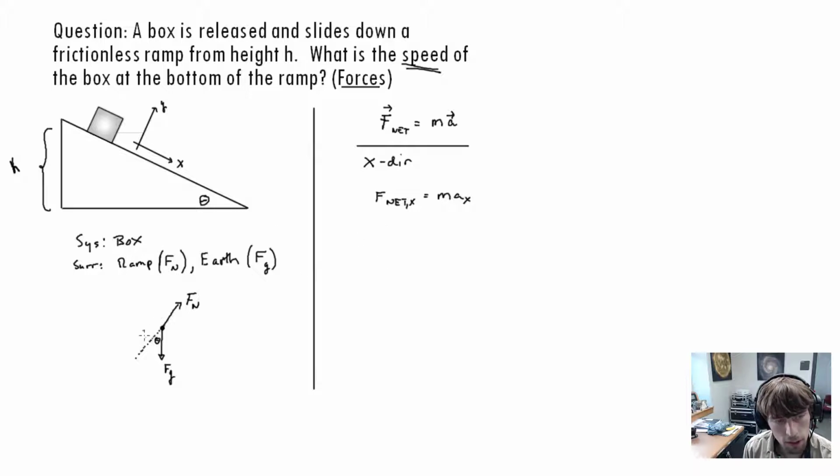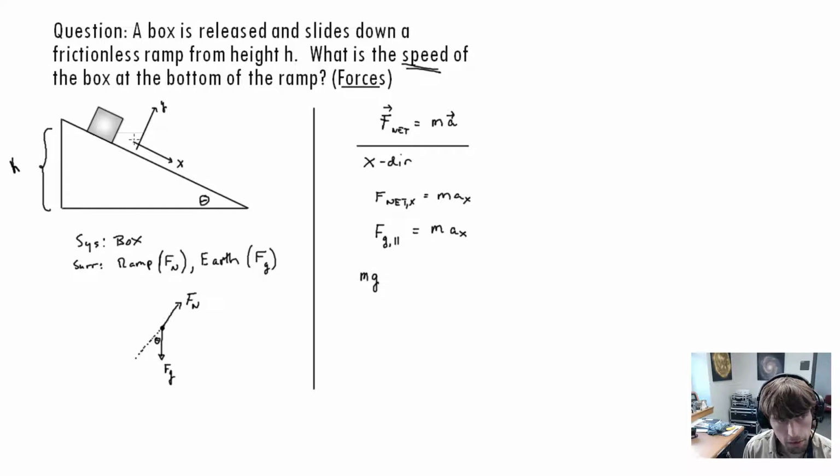Okay. Well, looking at the forces in the x direction, we notice that the only one is the component of gravity parallel to the surface of the ramp. That will be equal to m a in the x direction. Let's go ahead and substitute in our definition now. Gravitational force, the magnitude's mg.